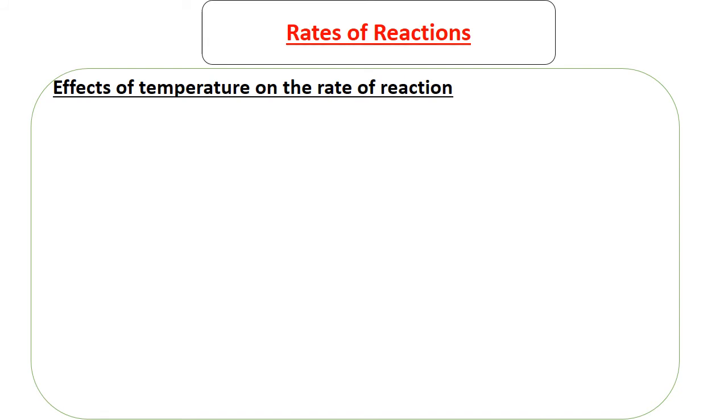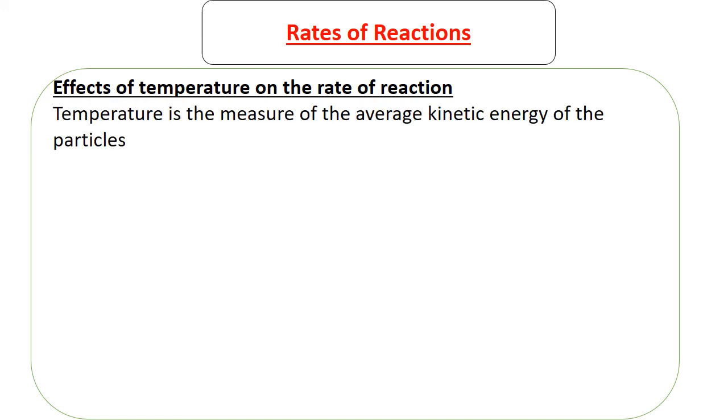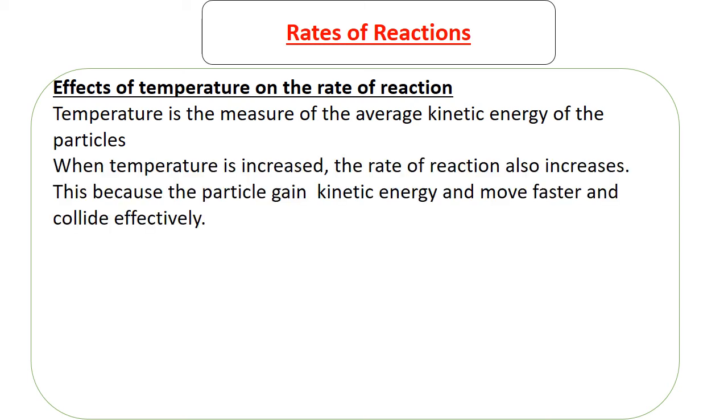Next is temperature. How does temperature affect the rate of reaction? If you can recall, when we were doing diffusion, these things should be in the same kind of thinking. Temperature is just the measure of the average kinetic energy of the particles. Kinetic energy is moving energy. So temperature is just the measure of the average moving energy of the particles.